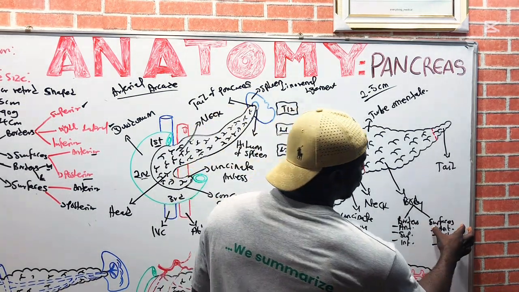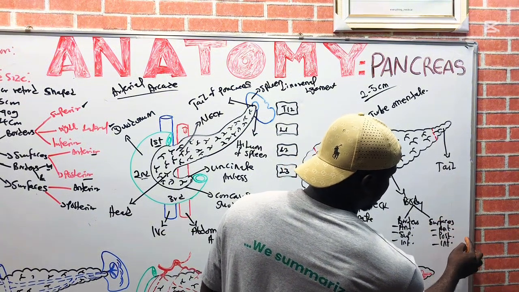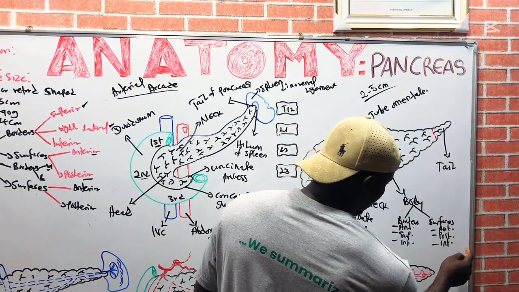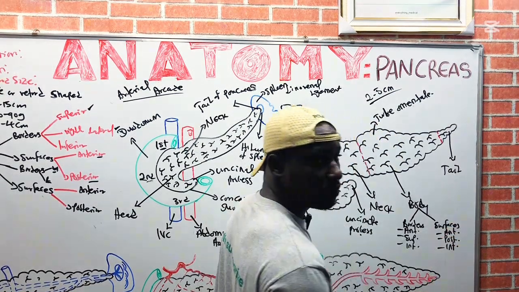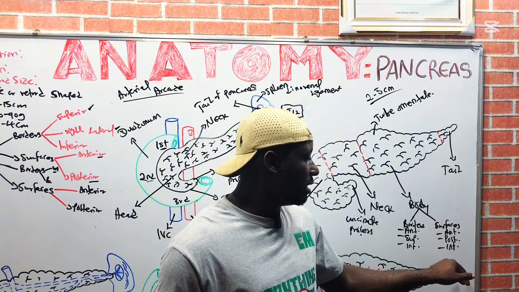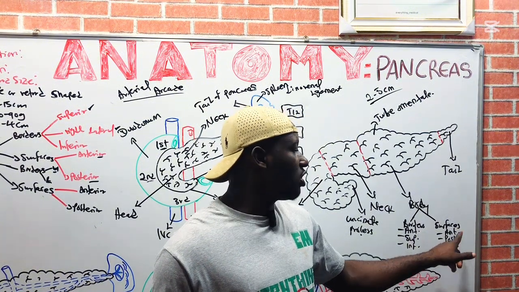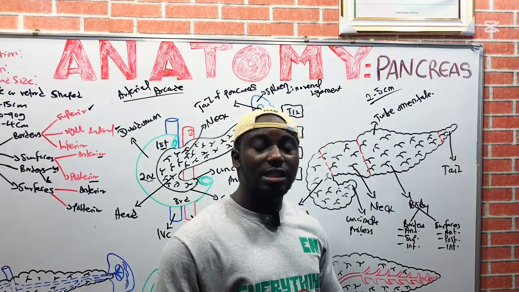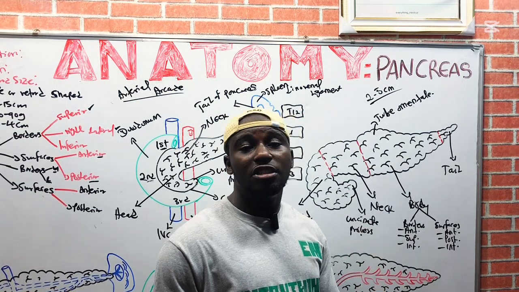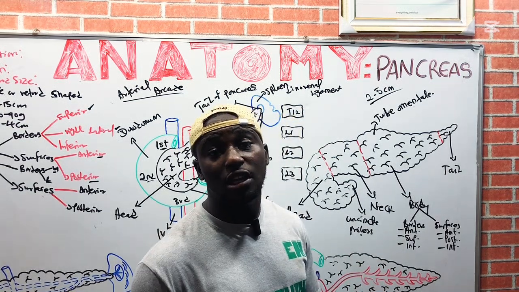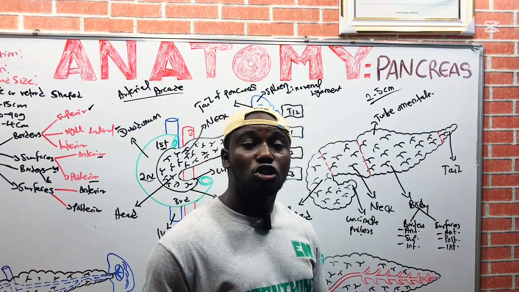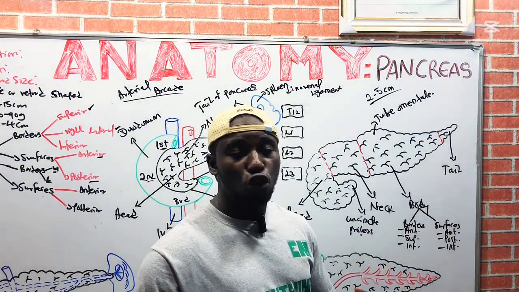Now, the surfaces: you have the anterior surface, posterior surface, and also the inferior surface. The anterior surface is usually concave, directed forward and upward, right? It is related to the lesser sac of the peritoneum and also to the stomach.